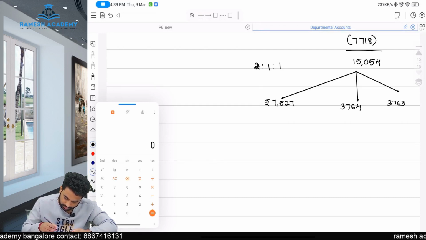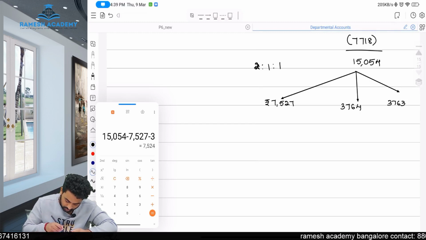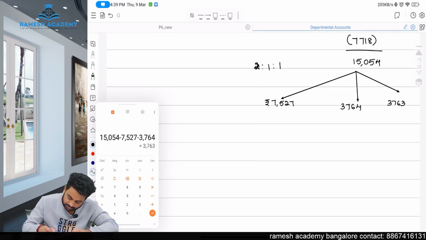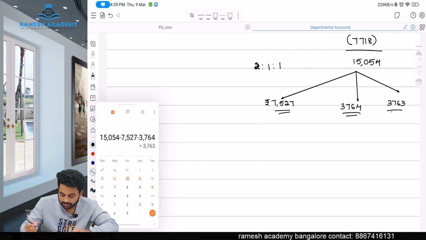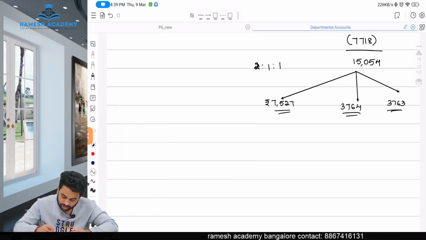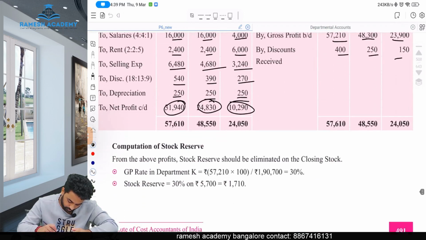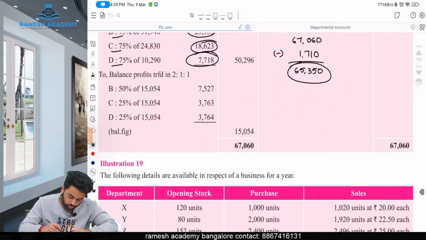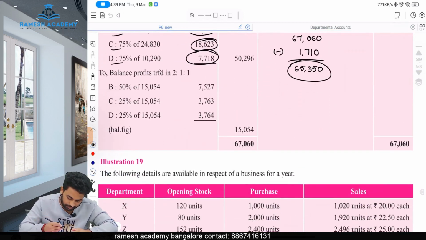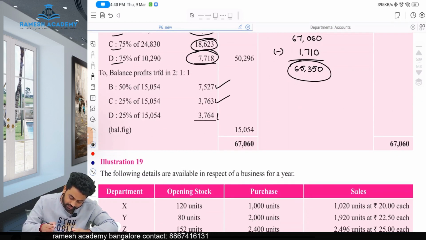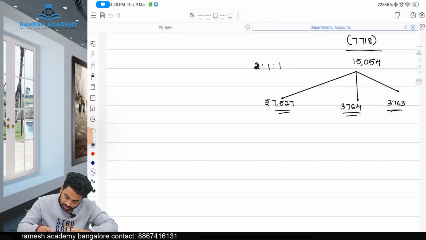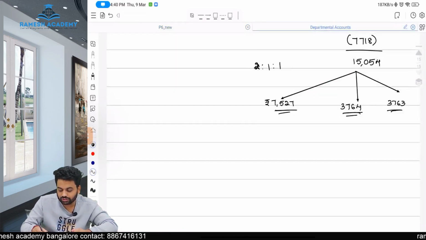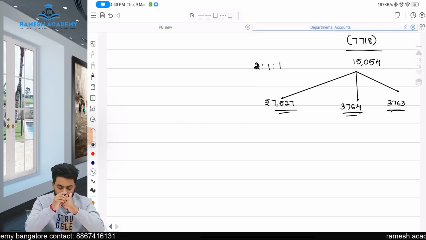One guy has to get less only. 15,054 minus 7,527 minus 3,764 is 3,763. The remaining profit is shared among the partners: B 7,527, C 3,763, D 3,764. That's it.